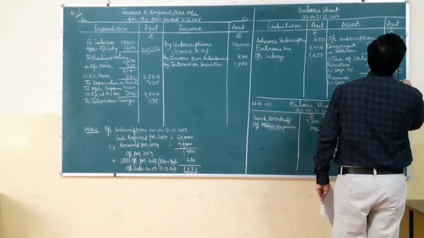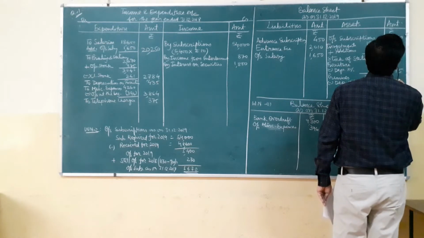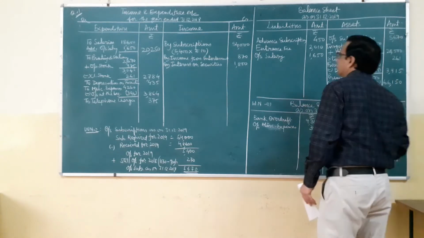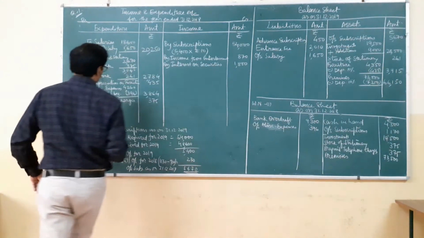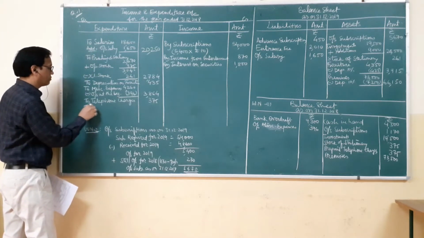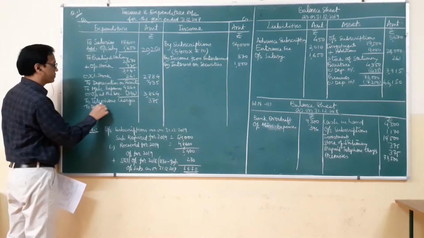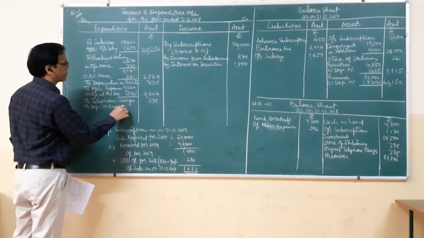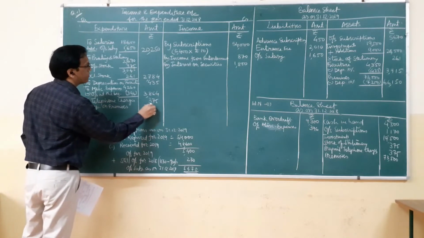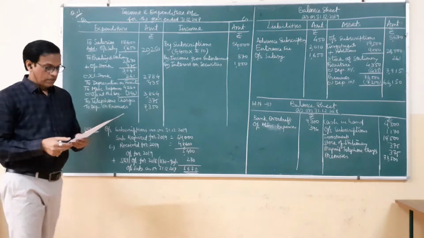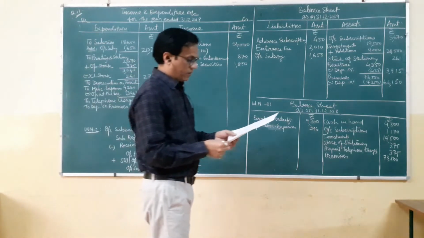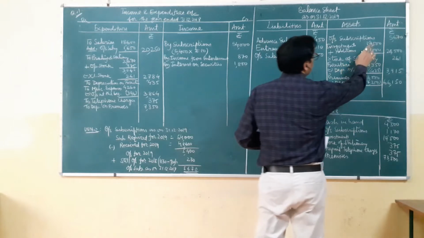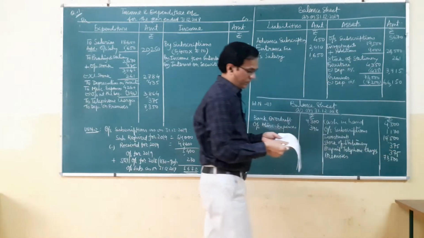This depreciation we take care of on the debit side, depreciation on premises. Then investments, we have taken investments 19,500.